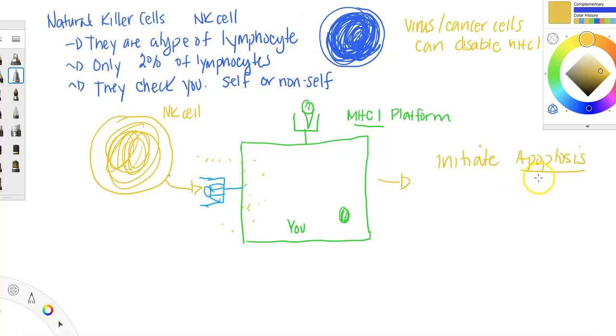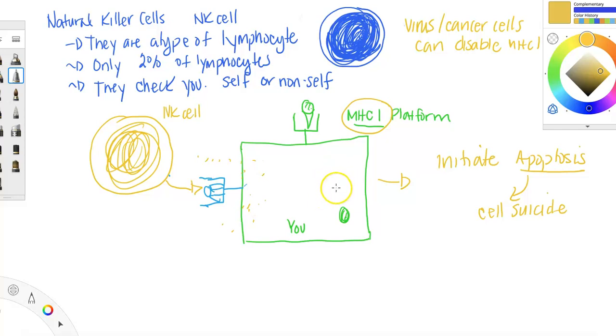And that is basically controlled cell suicide. All right, so this cell is toast, okay? Natural killer cell will also do the same thing if this guy doesn't have any MHC1, okay? Because that ain't good either. That's not good for that cell.